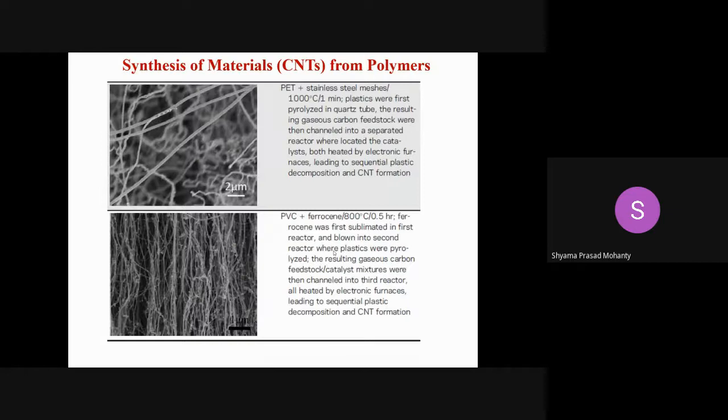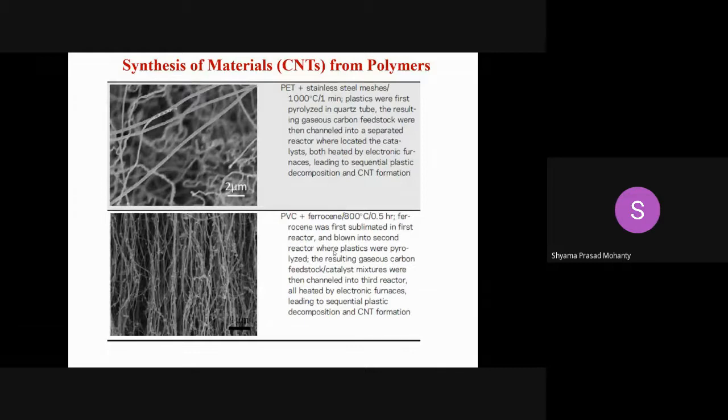Moving further, polyethylene terephthalate, the PET, which is popularly used in the preparation of water bottles for our traveling or some other purpose, this waste can be utilized.